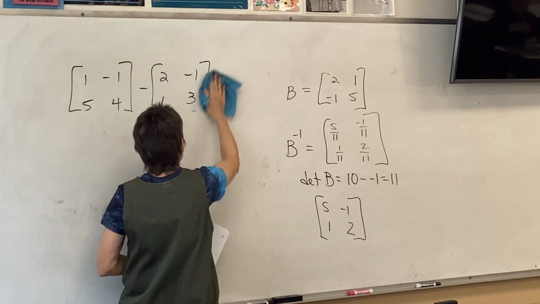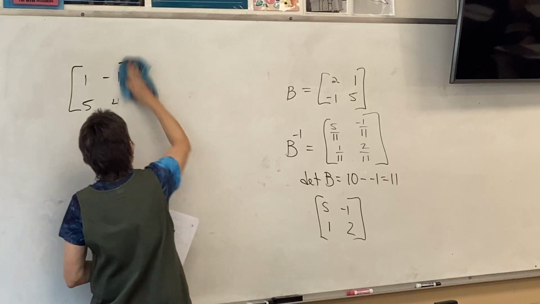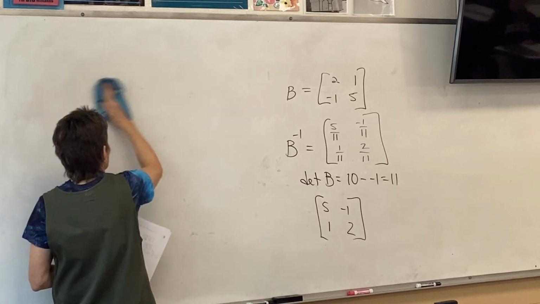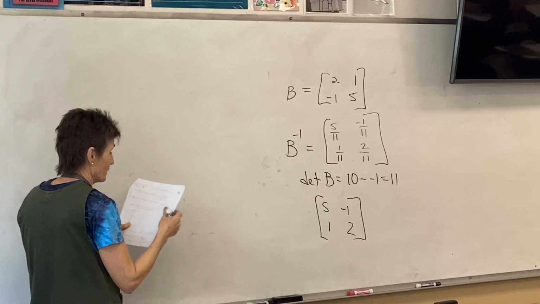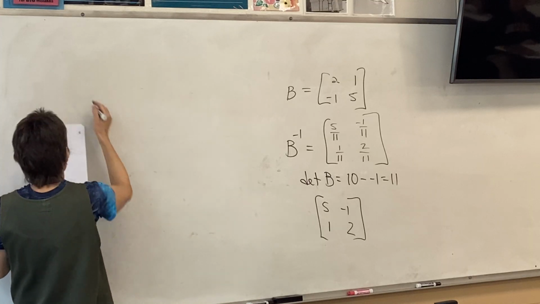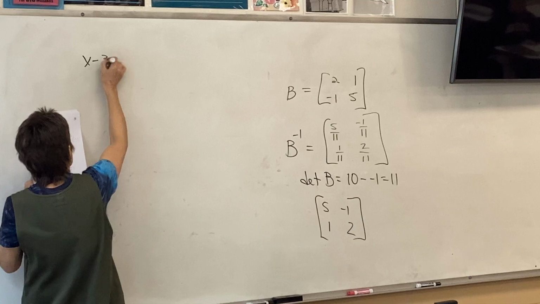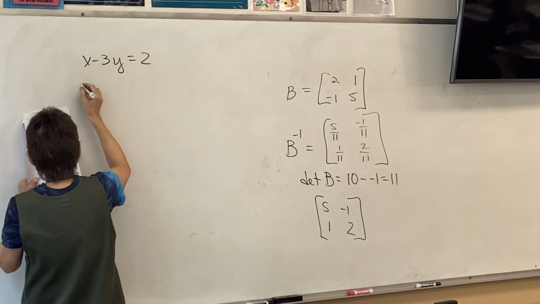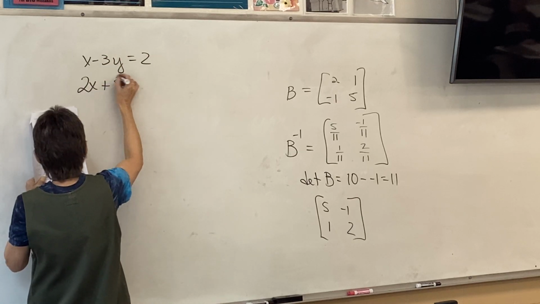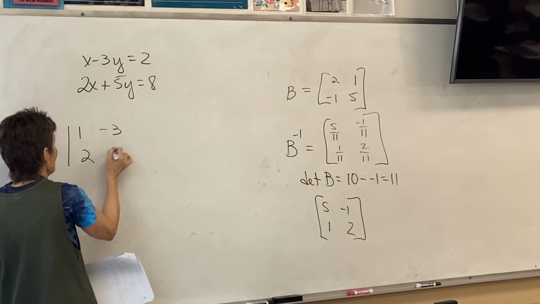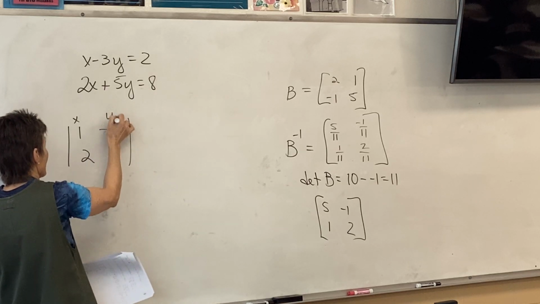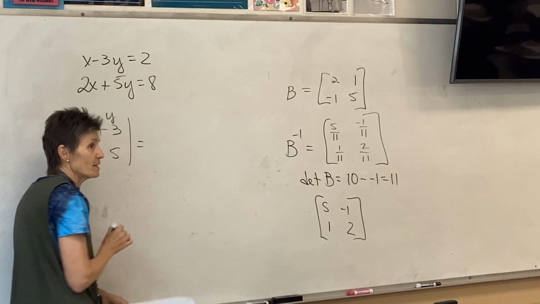And when I grade it, I will of course be looking at the answer, but I will be looking at your method, because that's what Cramer's rule is, it's a procedure. So we start by finding the determinant of the coefficients. So 1, negative 3, 2, 5. These are the x's and the y's from the equation.